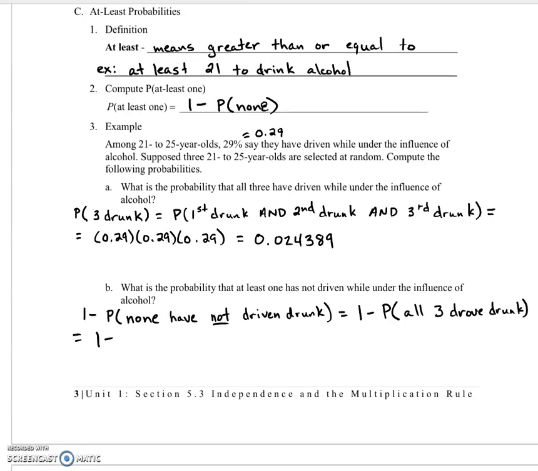That's the probability we just calculated. So we do 1 minus 0.024389. And that gives us, if I just round off that probability, 1 minus 0.024, we get 0.976 for the probability that at least one of them did not drive drunk.